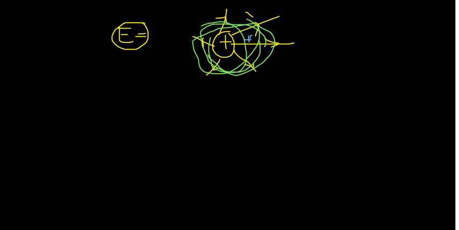For example, if I put a positive charge, it will repel. If I keep a negative charge, it will attract. If there is no field, there is no interaction we observe. As there is a field, we observe it. That field is nothing but the electric field.